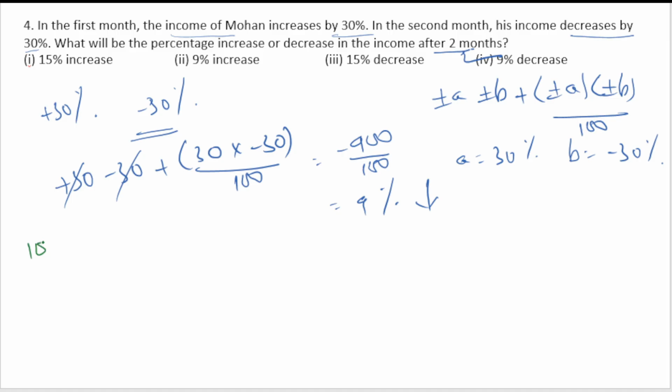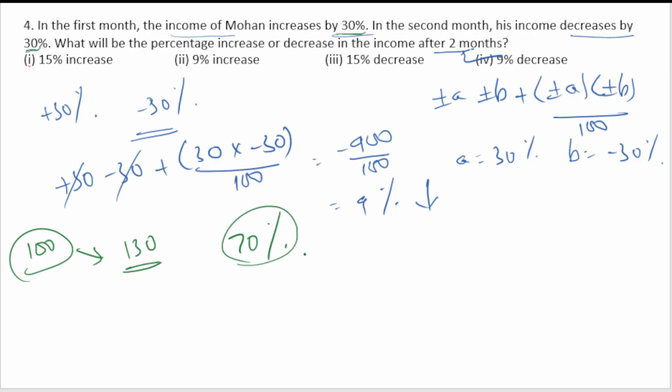Or we can do this in another method also. We will imagine the initial income is 100. In the first month, if the income is increased by 30%, it is 100 plus 30, it is 130. So 130 is the income of the first month. And in the second month, it is decreased by 30%. So if it is decreased by 30, 100 minus 30, it is 70%.